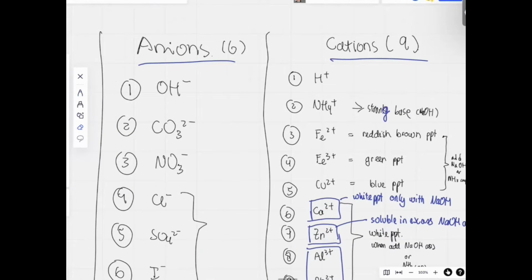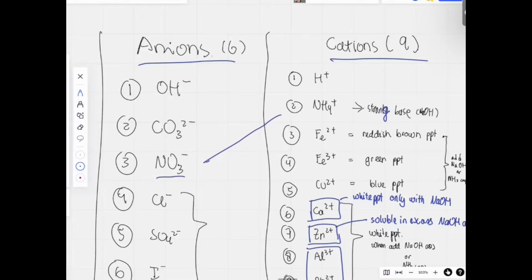This test is similar to the test for nitrate, because the test for nitrate also uses sodium hydroxide. The difference is that to test for nitrate, you must add one more thing. What is it? Aluminium foil.